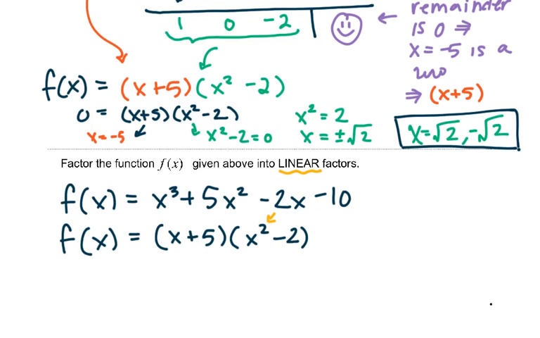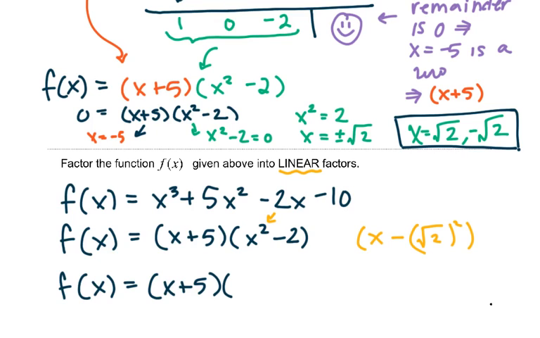And x squared minus 2 is a quadratic factor. But we can think of this as a difference of squares, x squared minus the square root of 2 squared. So really, if we wanted to write this as a product of linear factors, I could write x plus the square root of 2 and x minus the square root of 2.